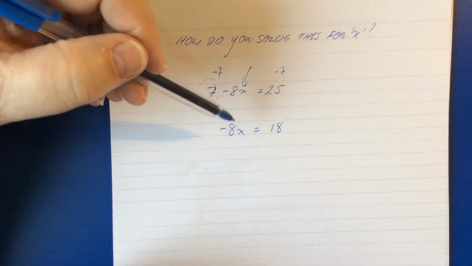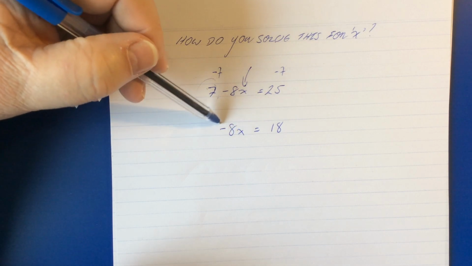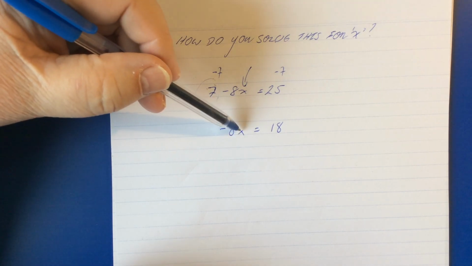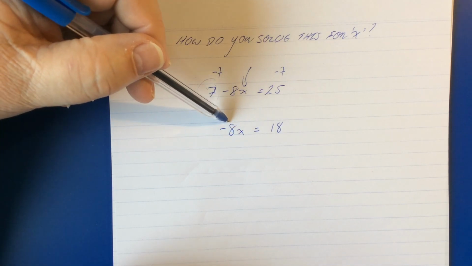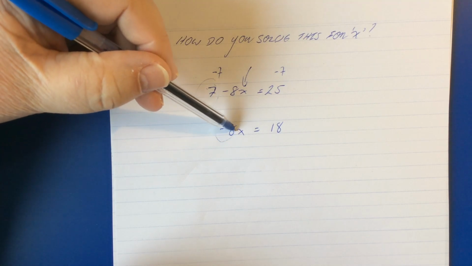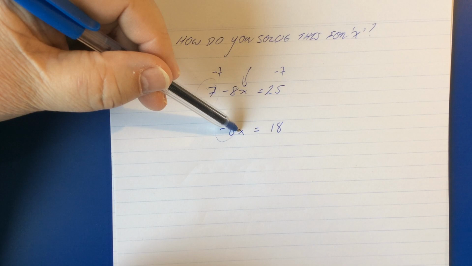Now, depending on your point of view, we have one or two things left that prevent us from getting x on its own. I prefer to think of it as one thing, and it is negative 8 multiplying x.